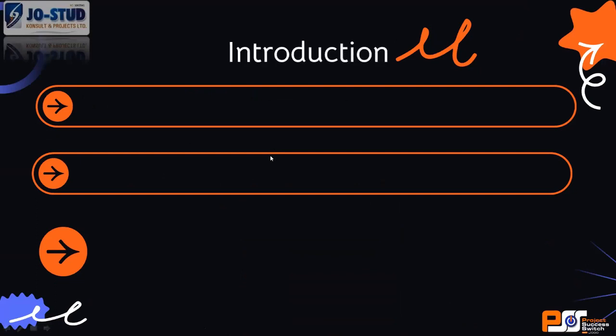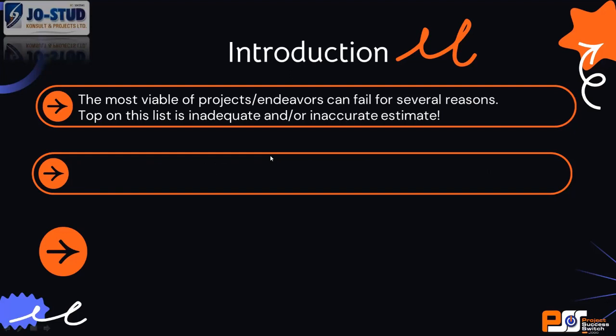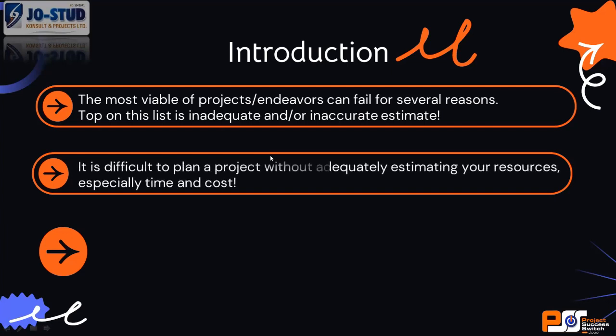So the first thing you need to know is the most viable of projects or work or endeavor can fail for several reasons. Guess what? Top on the list of the reasons why most projects will fail is inadequate and inaccurate estimates.